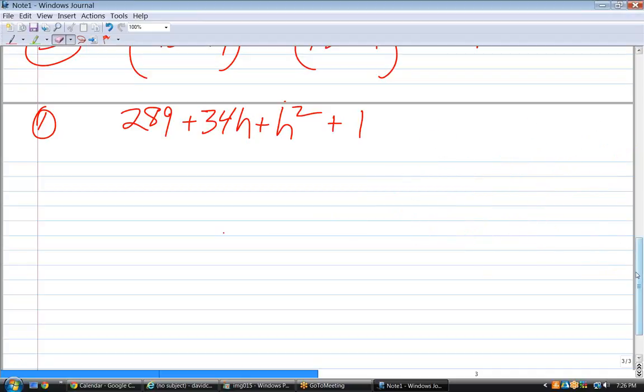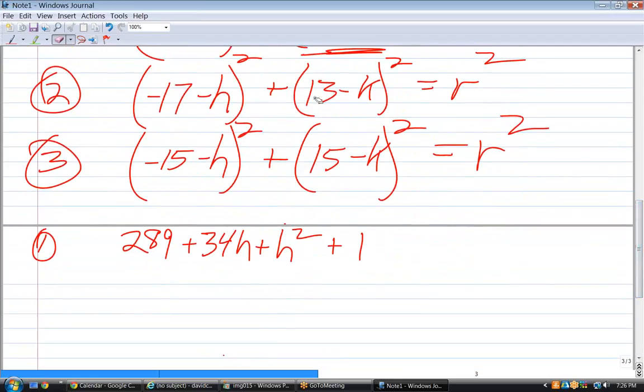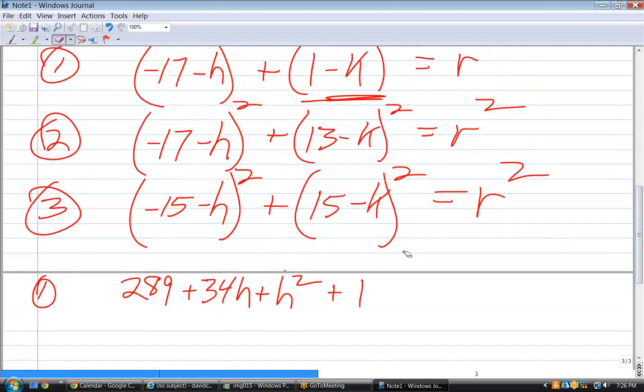So you want to get to where you can do this based on your memory of those. So I know that when I expand 1 minus k, I'm going to get 1 minus 2k plus k squared. Okay? Equals r squared.